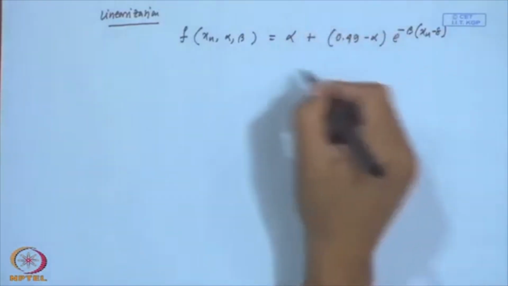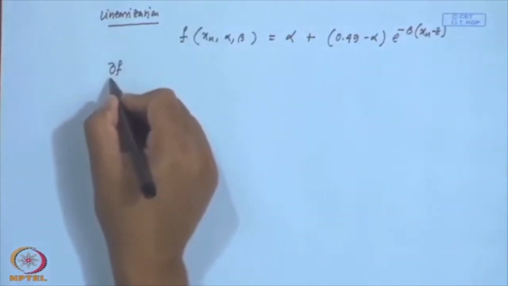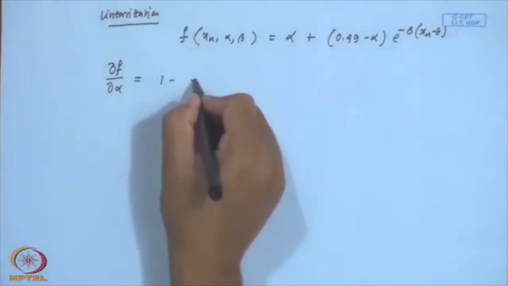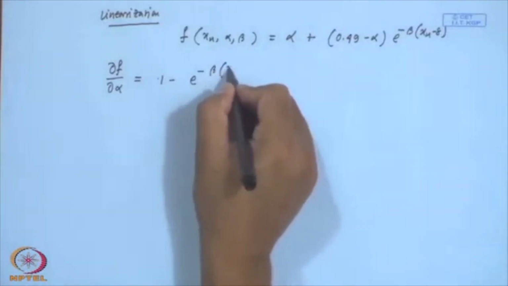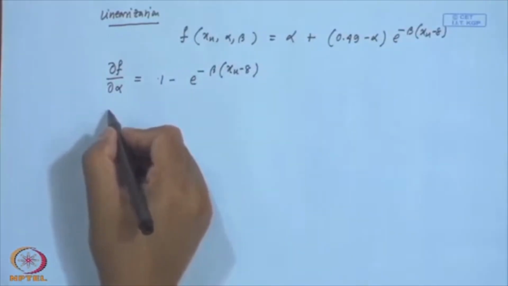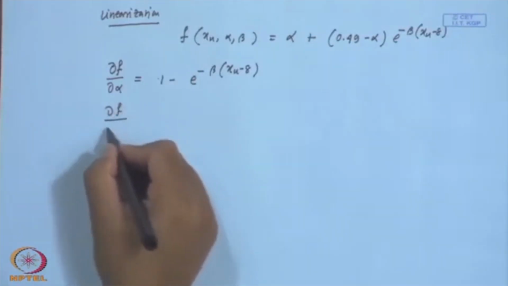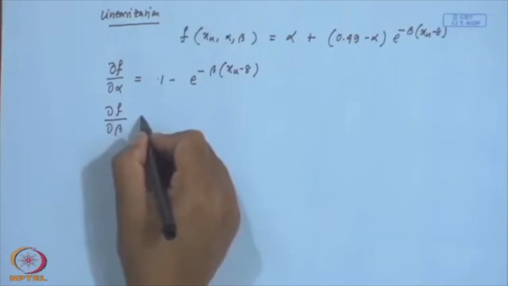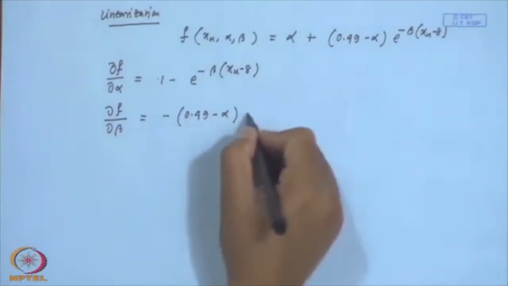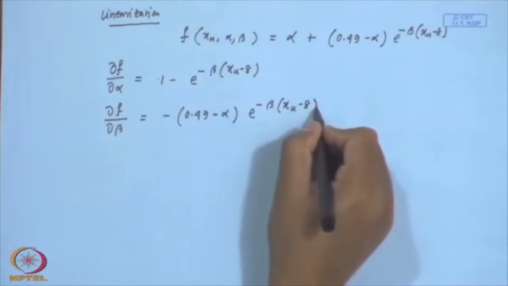The derivative of this function with respect to alpha is 1 minus e to the power of minus beta x_u minus 8, and the partial derivative with respect to beta is equal to minus 0.49 minus alpha, e to the power of minus beta x_u minus 8.